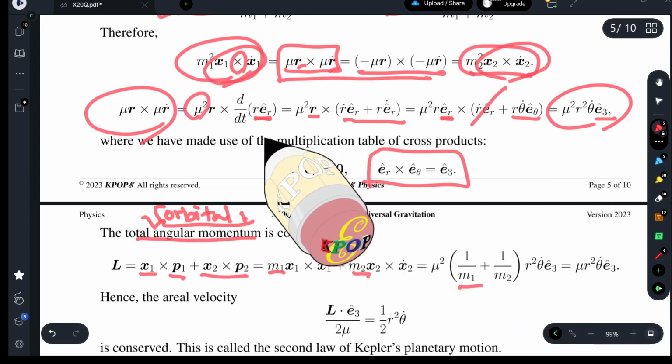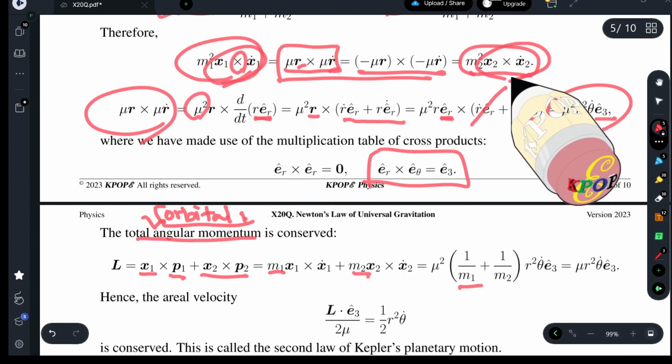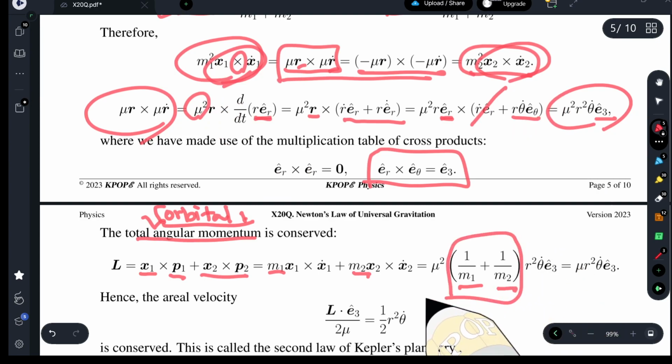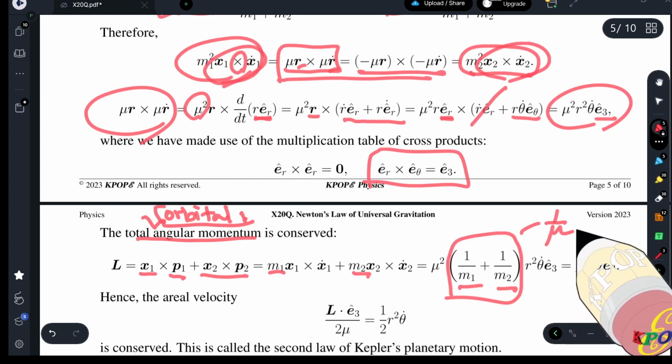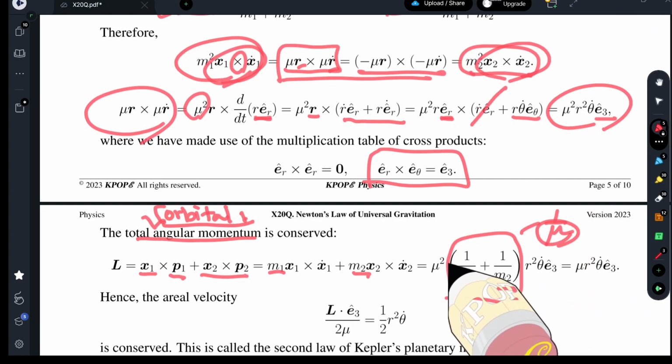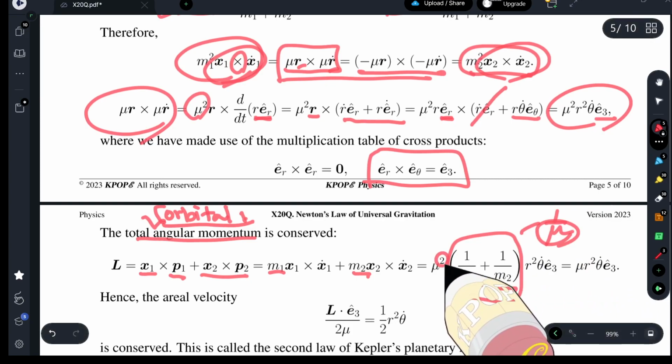So 1 over the mass of the first particle and 1 over the mass of the second particle is additionally multiplied. By the way, what is that? This is a 1 over reduced mass that cancels the single power of the mu squared in here.